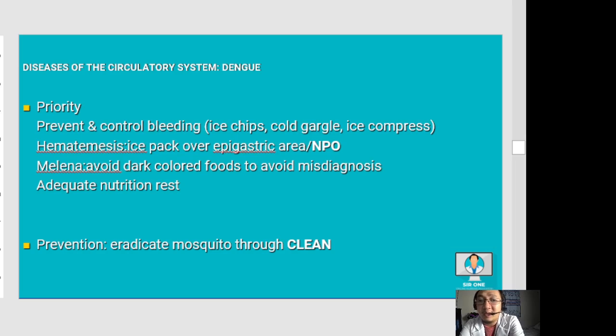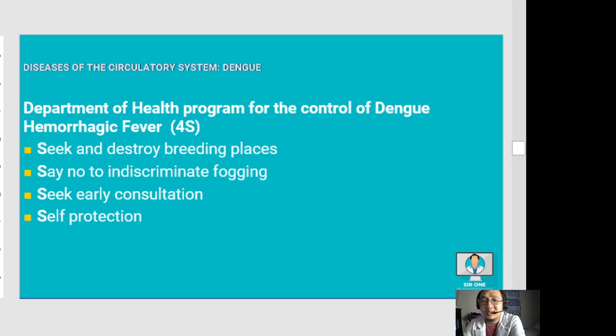So you may ask if the patient has been bitten by a mosquito, especially if there are possible breeding sites in their places. The Department of Health advocates and emphasizes this action, the 4S for the control of dengue.